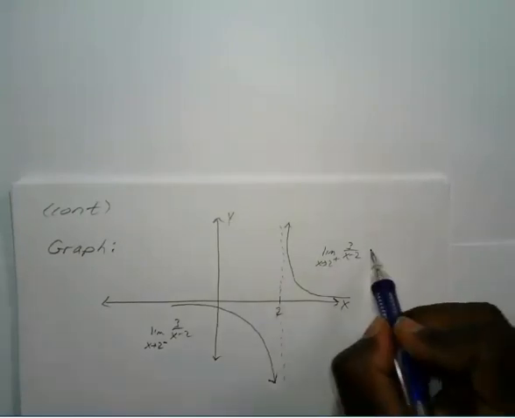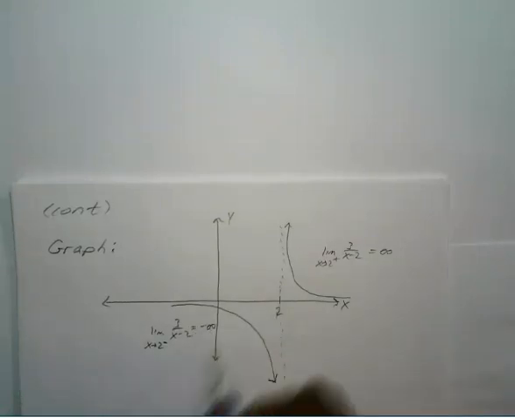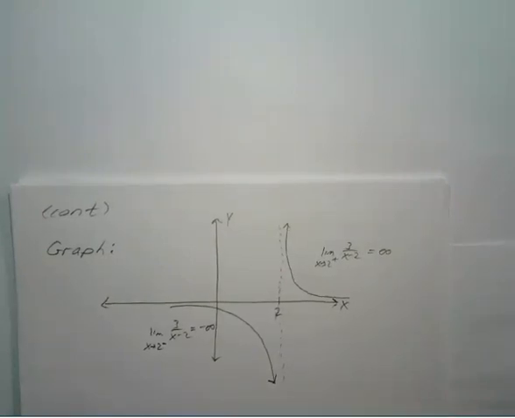Okay, so this is going to equal infinity, and this is going to equal negative infinity. Alright, so if you are still writing this one, feel free to press pause. But I'm going to go ahead and move on to our next example.